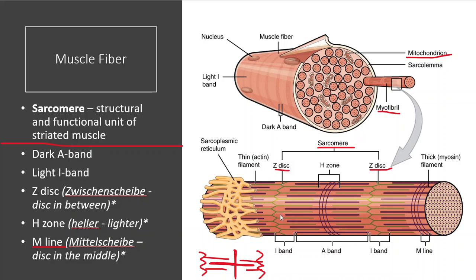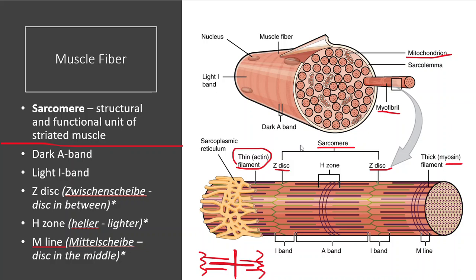Okay, these green lines are representing the thin filaments. Thin filament is also made out of the protein actin. And the thick filaments are represented by these purplish lines, these thick ones there. And of course, that is representing the thick filament, or myosin.